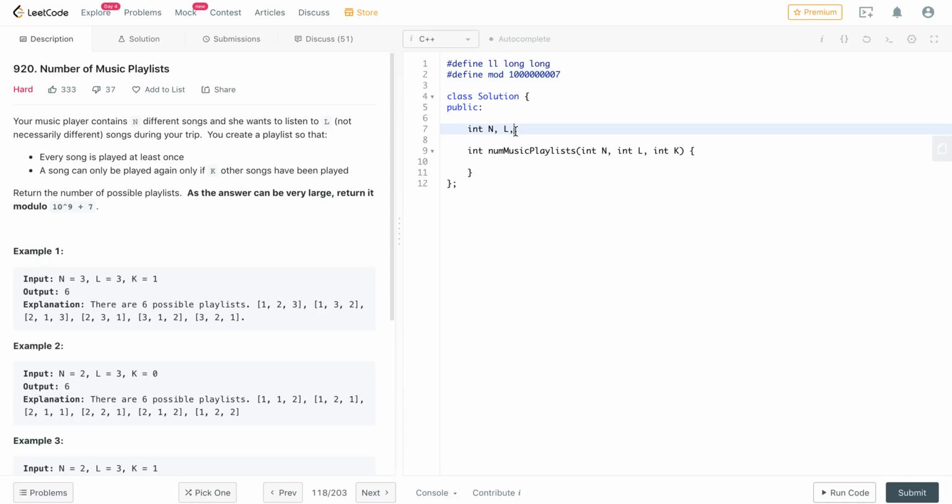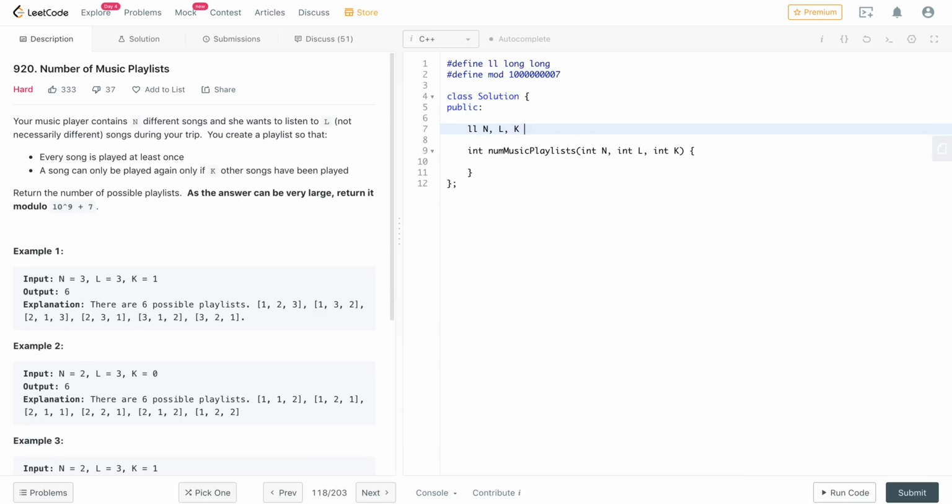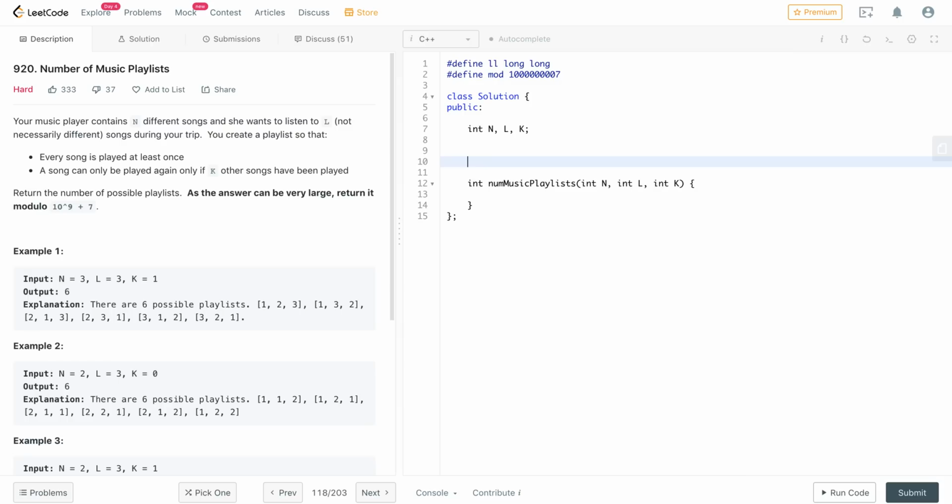Right, so I have n, l, k, and in fact they can be int because they're not going to be bigger. So we need to build a function where, as we said, we will have the current length, and also a number that we have currently used.